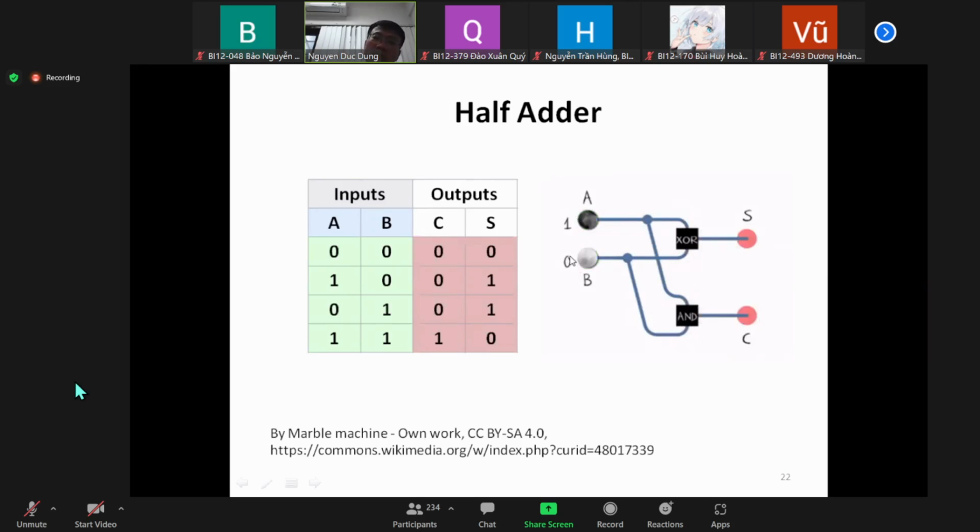With two inputs, each input has two values, so we have 4 combinations in total. For example, 0 and 0 becomes 0, with the carry in being 0, so it becomes 0.